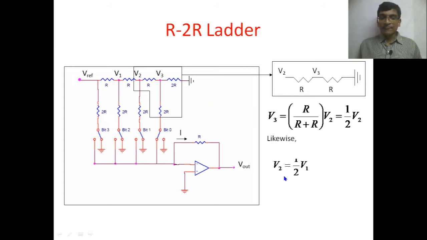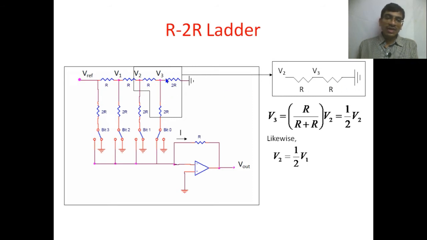Similarly, we can calculate V2. The voltage at V2 is half of the voltage of V1, because if you see these two in parallel combination, the equivalent resistance is equal to R, as we already calculated, and this resistance R is in series with this equivalent resistance like this. That's why the equivalent resistance in this combination is R plus R, 2R.